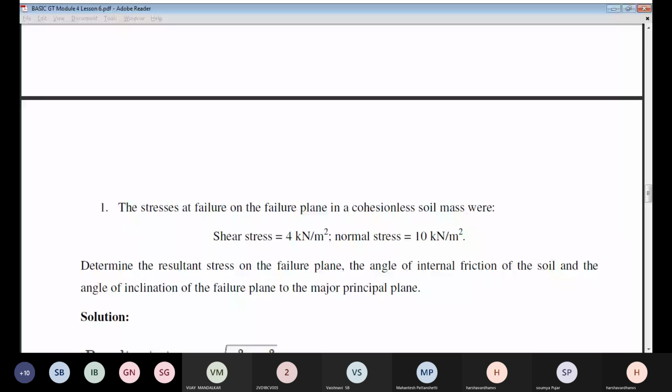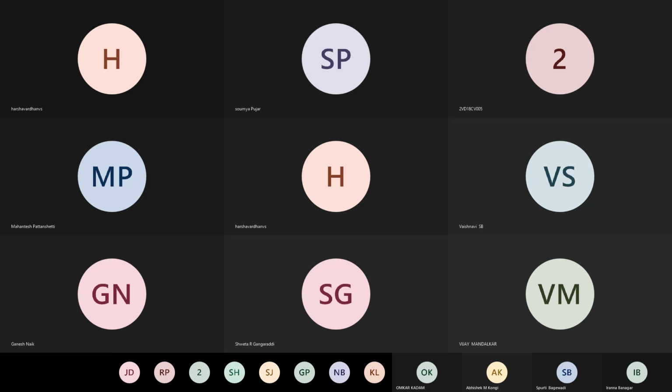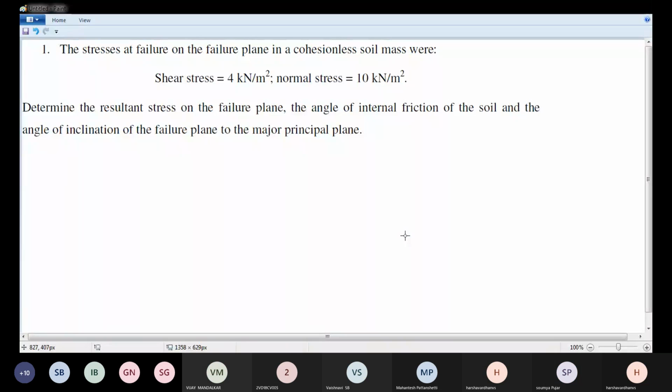Okay, we'll move to the solution part. I'll read the question.